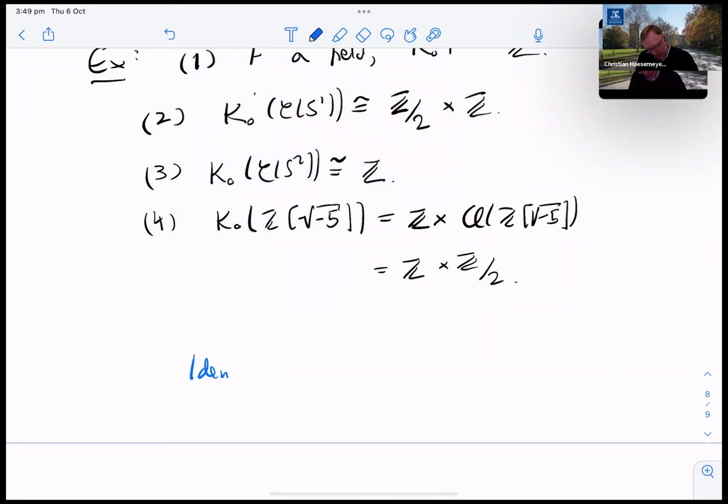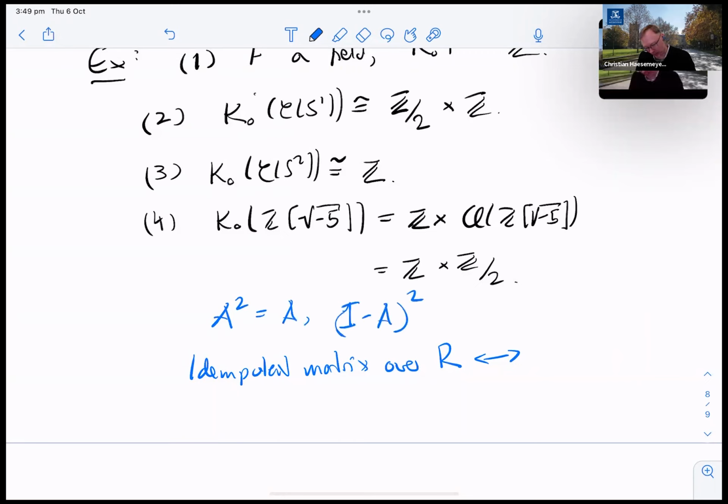An idempotent matrix over R. If a squared equals a, then the identity minus a is also idempotent, because I minus 2a plus a squared is I minus a.